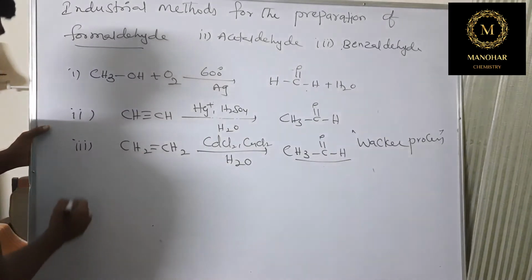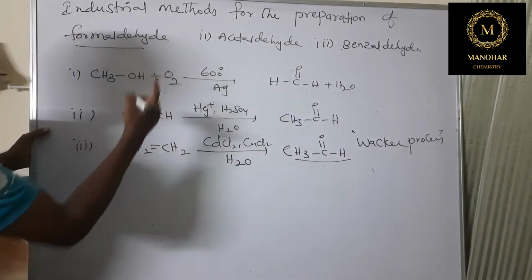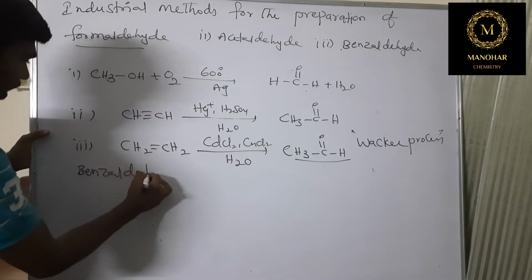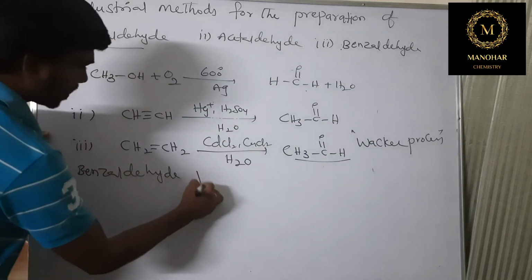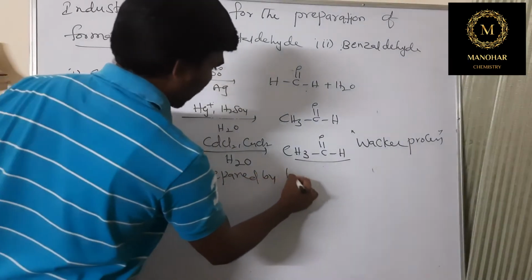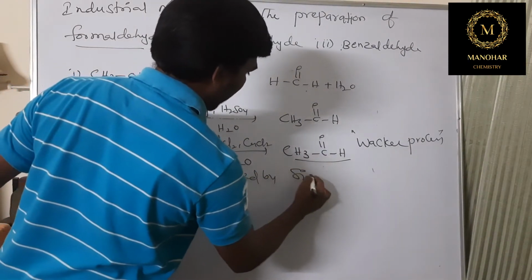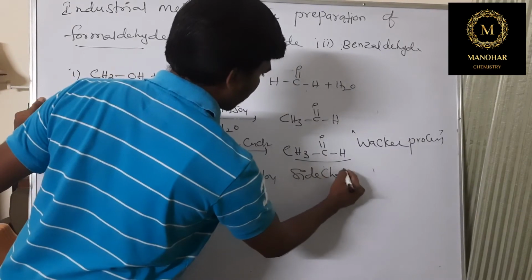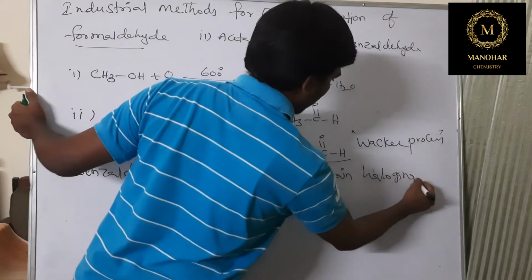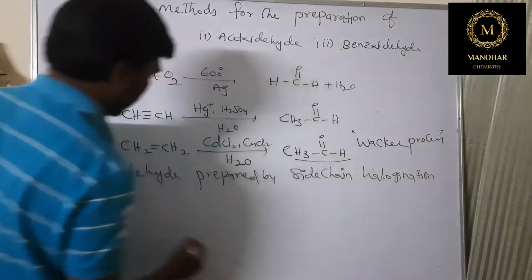The next method is the preparation of benzaldehyde. Benzaldehyde can be prepared by side chain halogenation followed by hydrolysis.